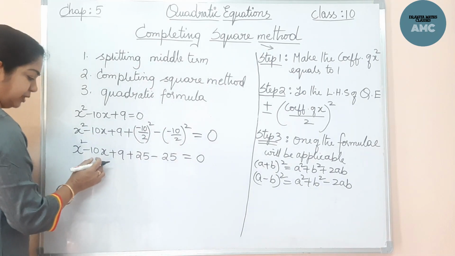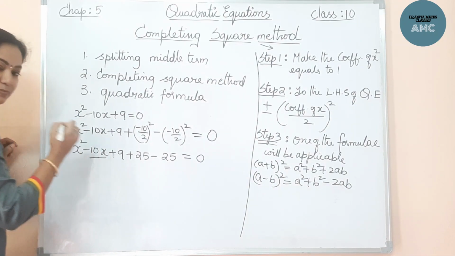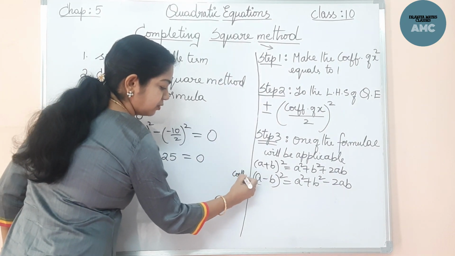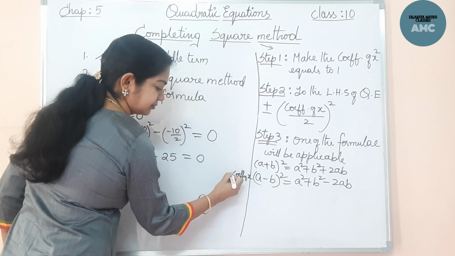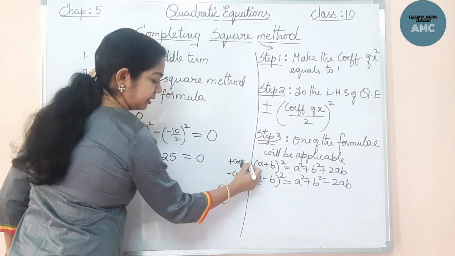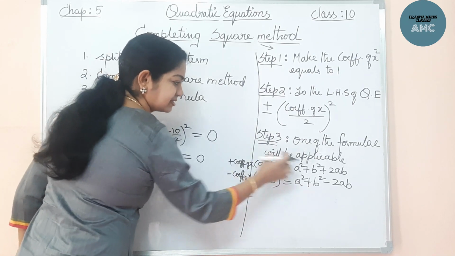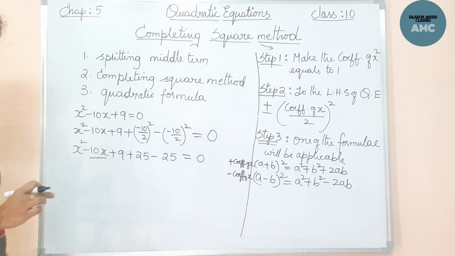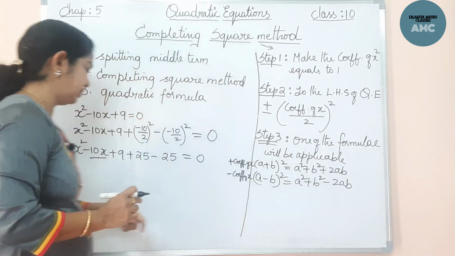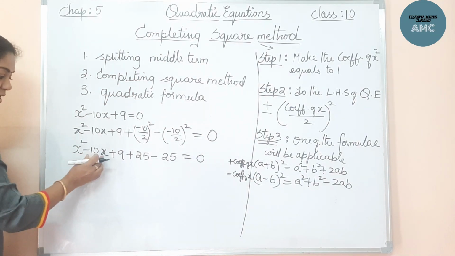That means here 2ab here is the x term. If the coefficient of x is plus, you have to apply that formula. If the coefficient of x is minus, you have to apply this formula. So here we got minus, isn't it? Coefficient of x is minus, so minus formula.